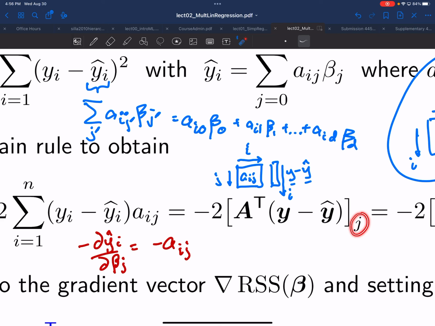If I want to look at the jth entry in that vector, then I'm going to be looking at the jth row of this matrix times this vector. And the jth row of this guy here is going to be constructed of aij's, where j is fixed, but then the i is changing from 1 to n. So that's how we're writing this sum in terms of this matrix vector multiply.